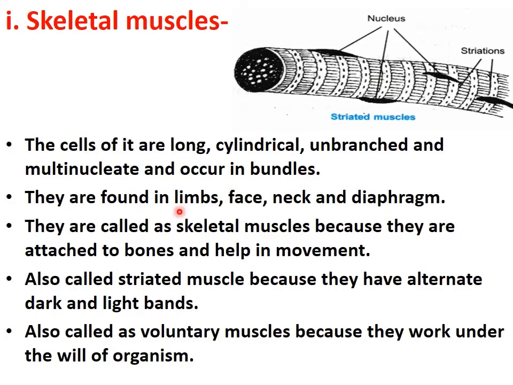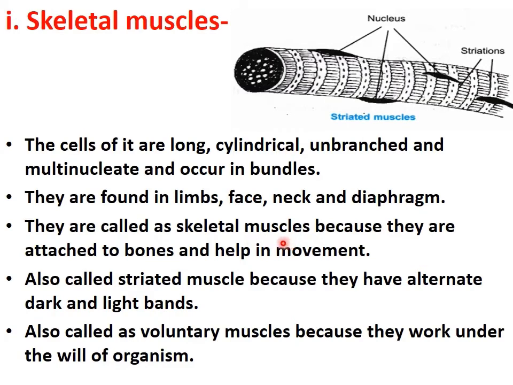Now the location of skeletal muscles: these are found in limbs. Limbs means hands and legs, and also in the face, neck and diaphragm. All these are the locations of skeletal muscle. Why are they called skeletal muscles? Because they are attached to bones.